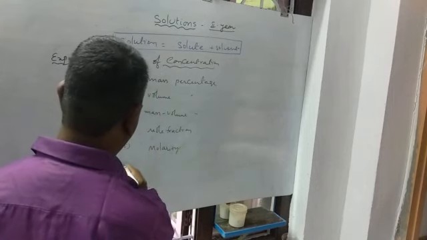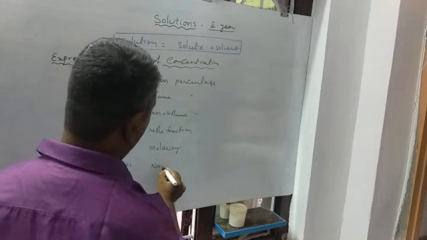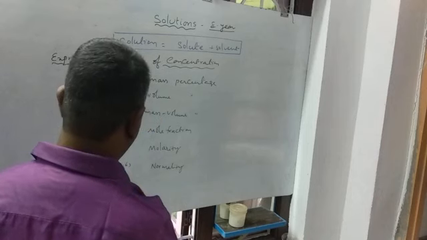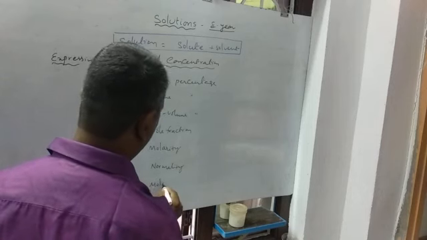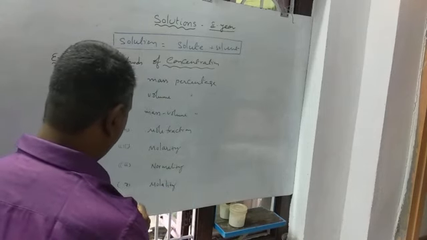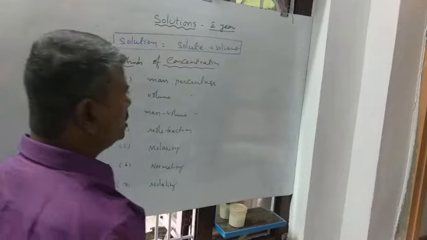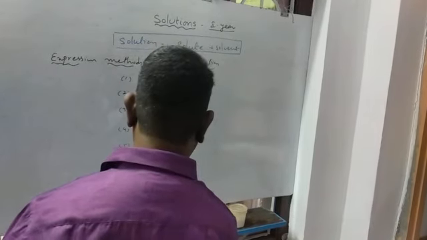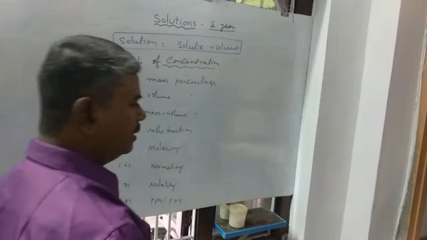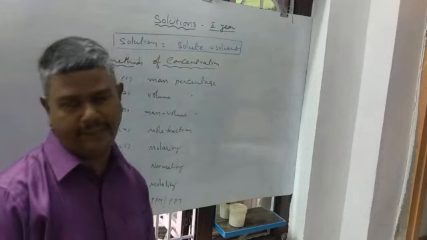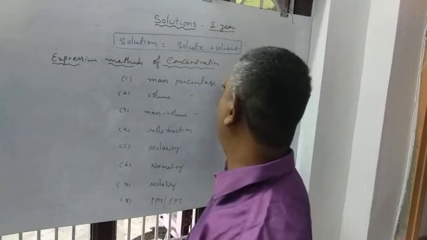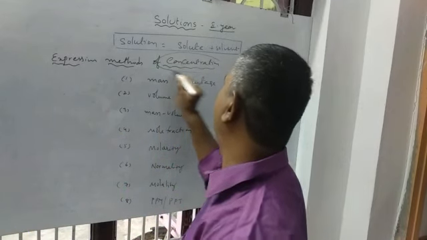Molarity. Normality. Molality. And parts per million as well as parts per trillion, and finally formality.